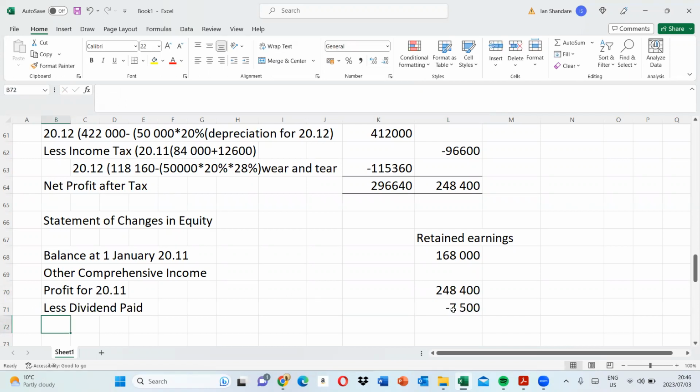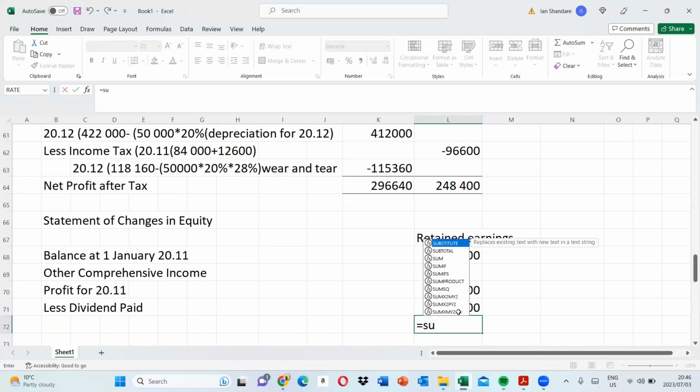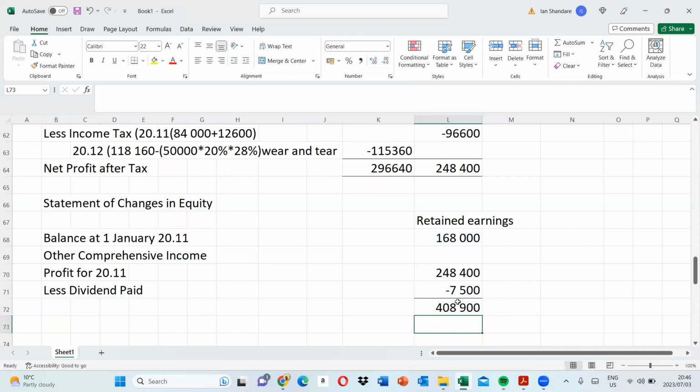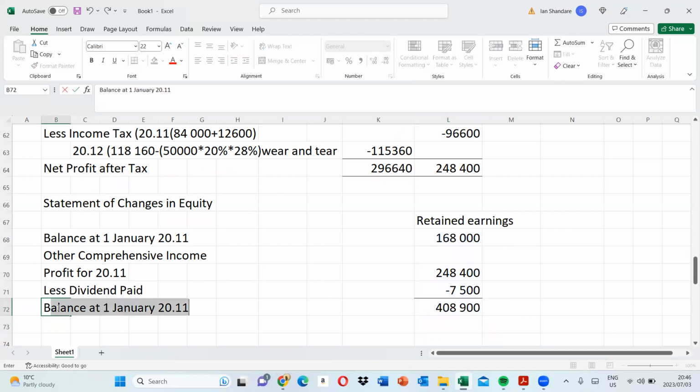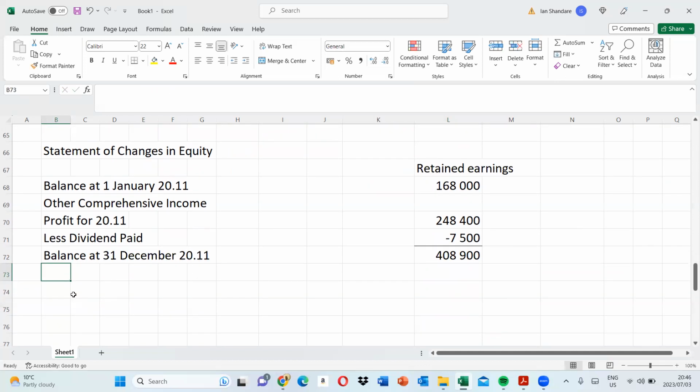So in this regard, and then we have our balance at year end. So this is our balance at 31 December 2011.